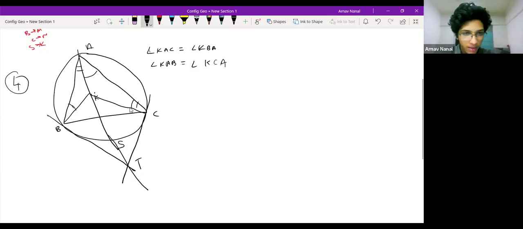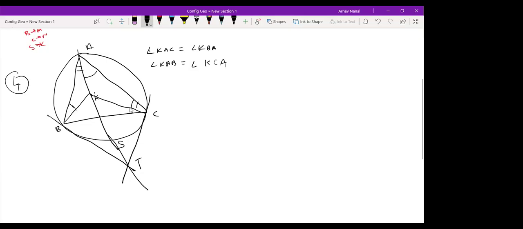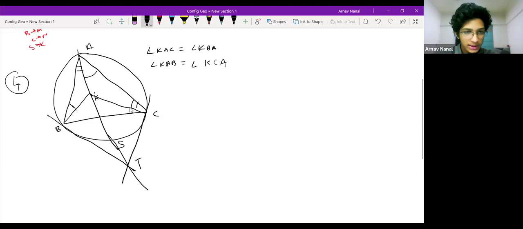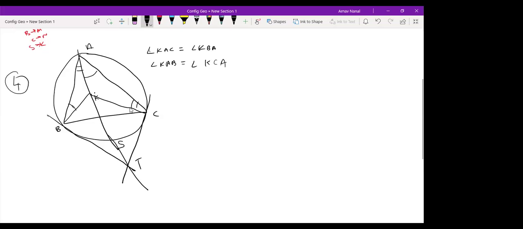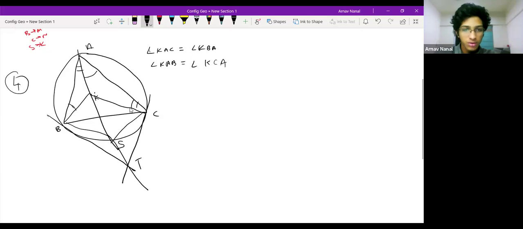And then we observe that since BK is a median for BAS, that means it is just a reflection about the angle bisector of ABS. And thus SBC is equal to ABK. Yes, that's true. I'll write down what he said.